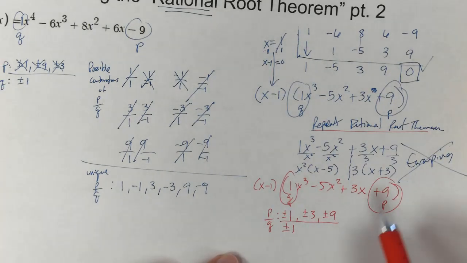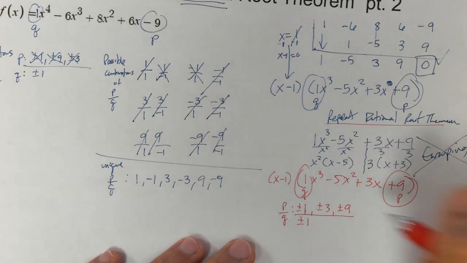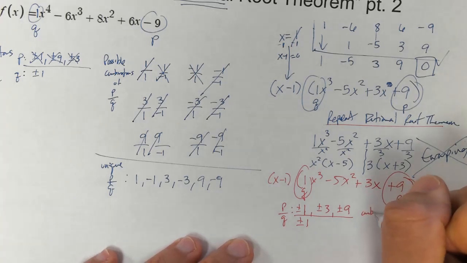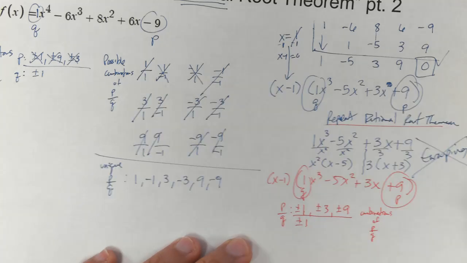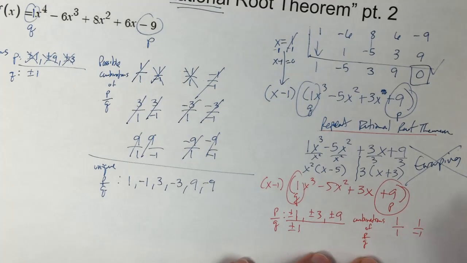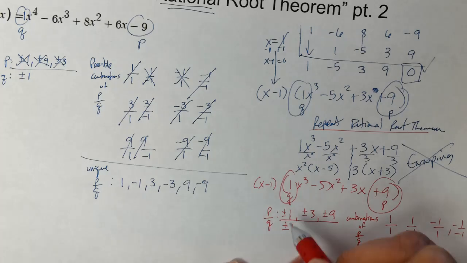Here, when I start to divide, I'm going to end up looking at some of the same ones, right? I just need to have a handful of these to test out. So what are the unique values? What are the combinations? Combinations of p over q. Let's see. I can do 1 over 1, 1 over -1, -1 over 1, -1 over -1.